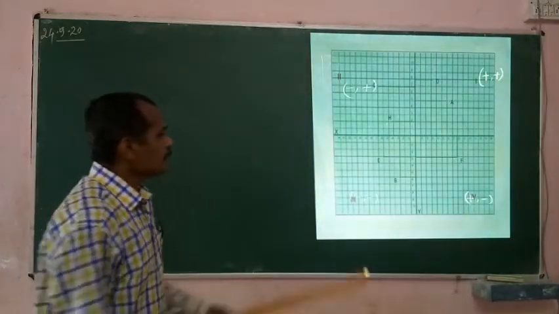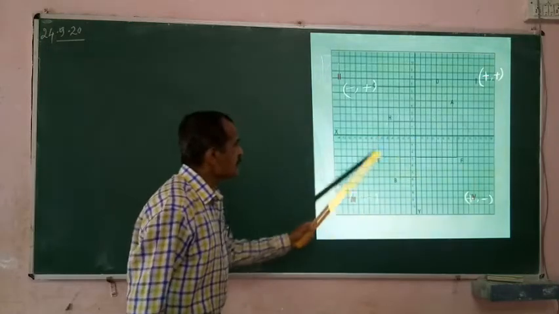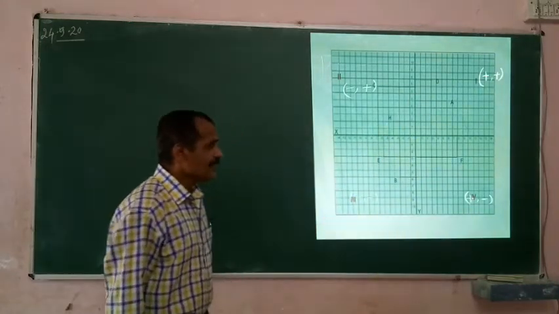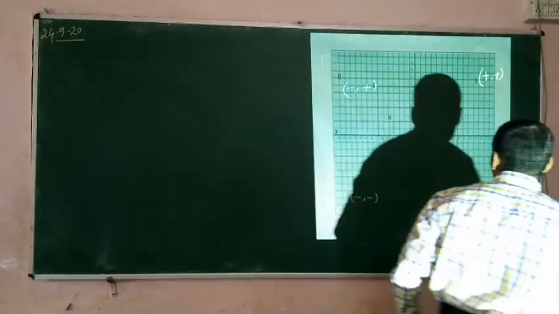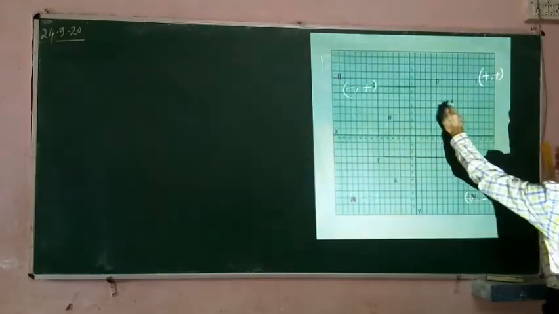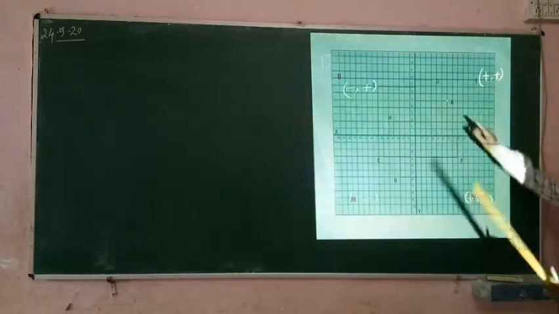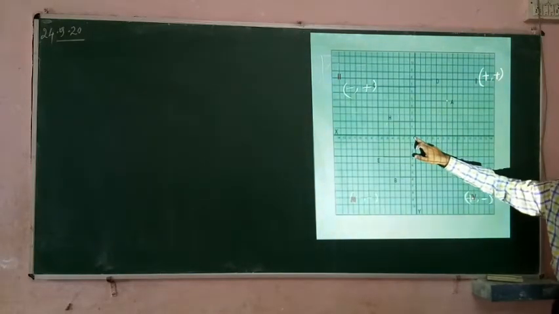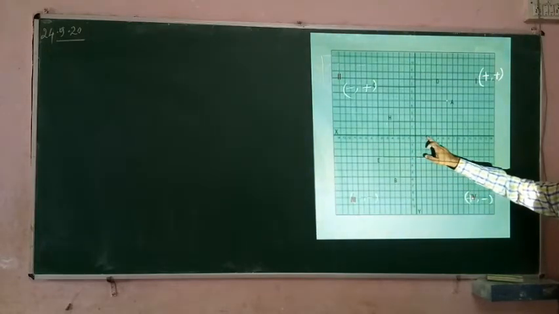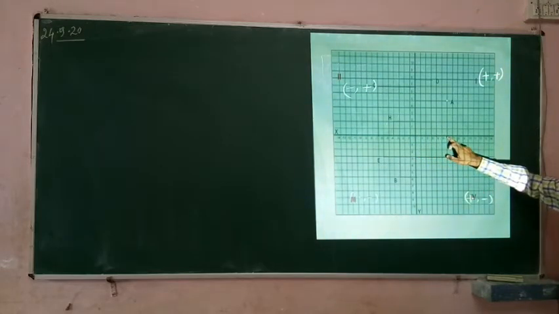Okay, now here some of the points I have marked. Let us see what the coordinates of these are. This is the point A. How to read it? See, you are always at the origin. From there you move along the x-axis: 1, 2, 3, 4, 5, 6.